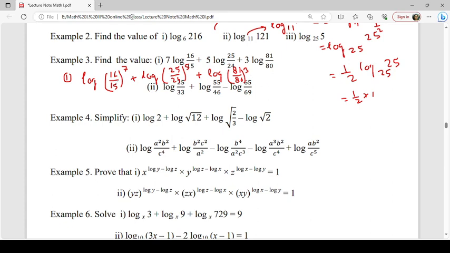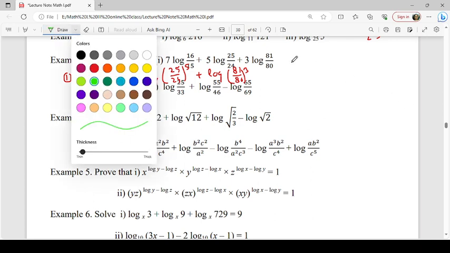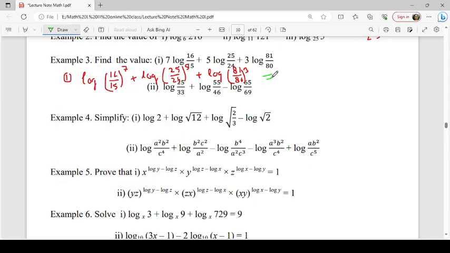This becomes log of, we multiply all: 16 by 15 whole to the power 7 into 25 by 24 whole to the power 5 into 81 by 80 whole to the power 3.